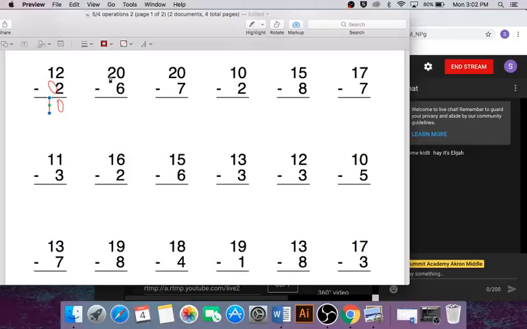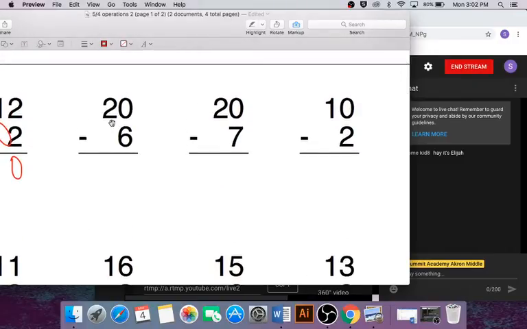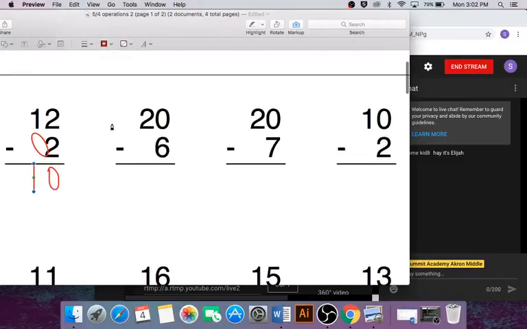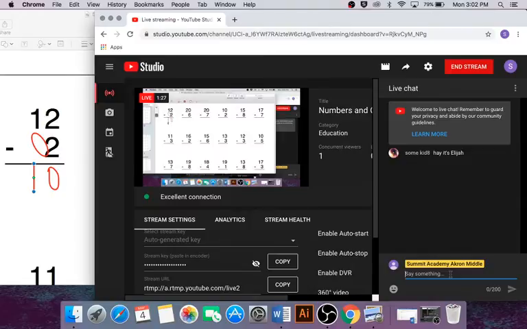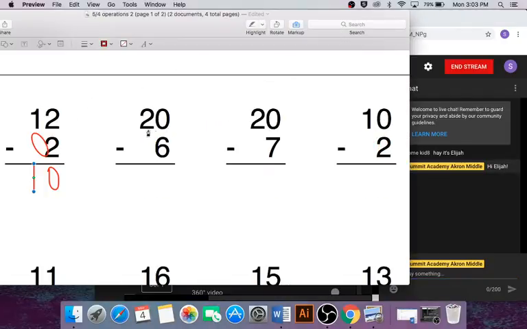Okay. Our next one, we have 20 minus 6. Okay, so for 20 minus 6, we have in our ones column 0 minus 6. We can't subtract 6 from 0, so we need to move over and borrow.